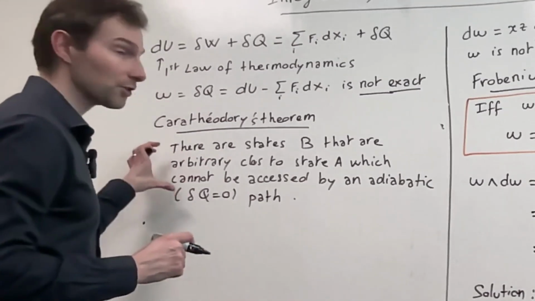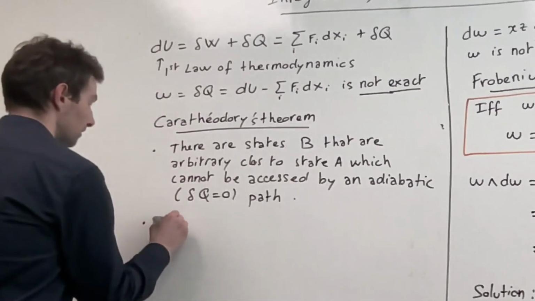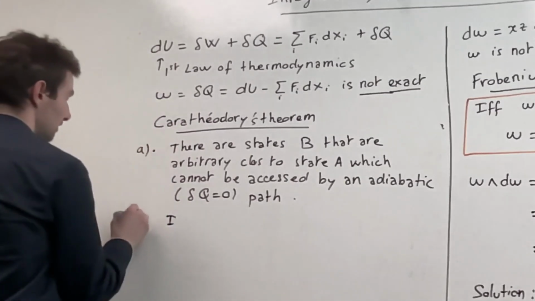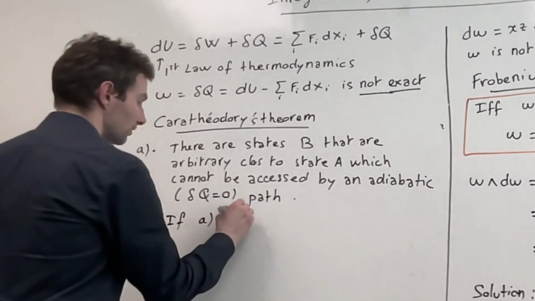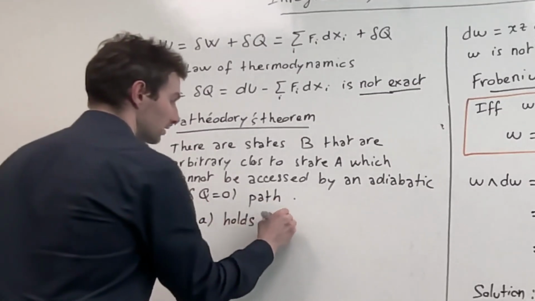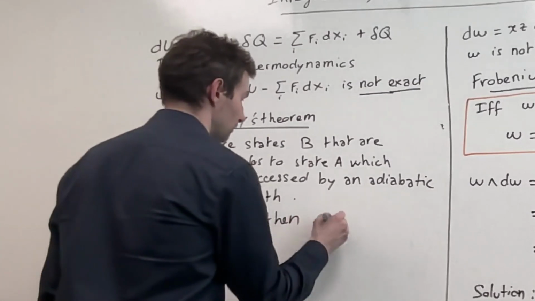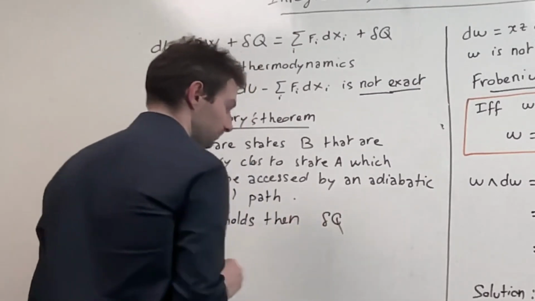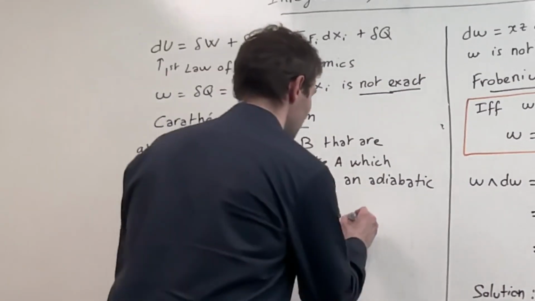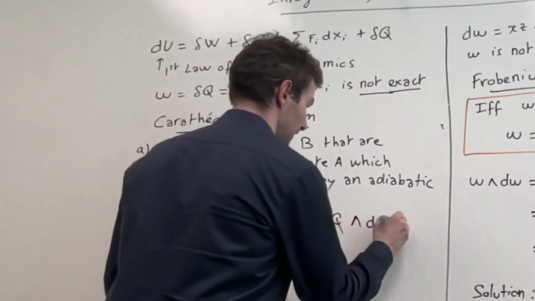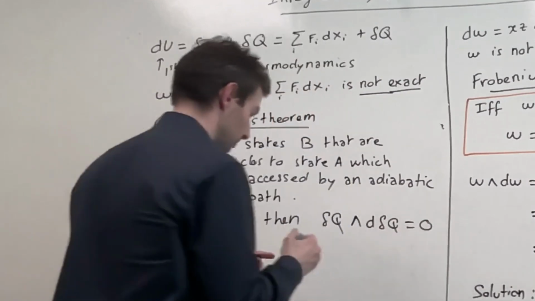And then it follows from that, so let's say this is premise A and this is B, if A holds, then essentially we've got that δQ ∧ dδQ is equal to 0.